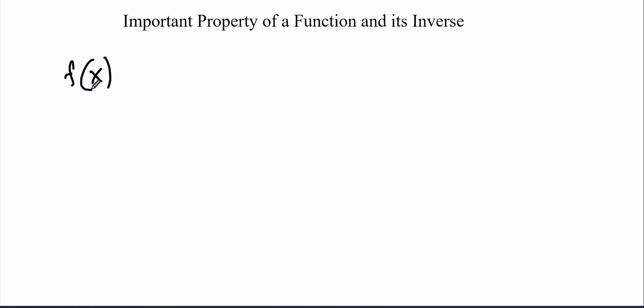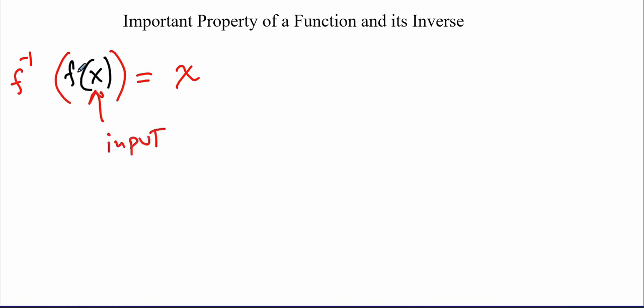So if you start with a function and then take the result of this and plug it into its inverse, the answer from the original function you plug into the inverse, they're going to undo each other. The f inverse and f will undo and give you back your original input. So in this case, you plugged in letter x. This is your original input.